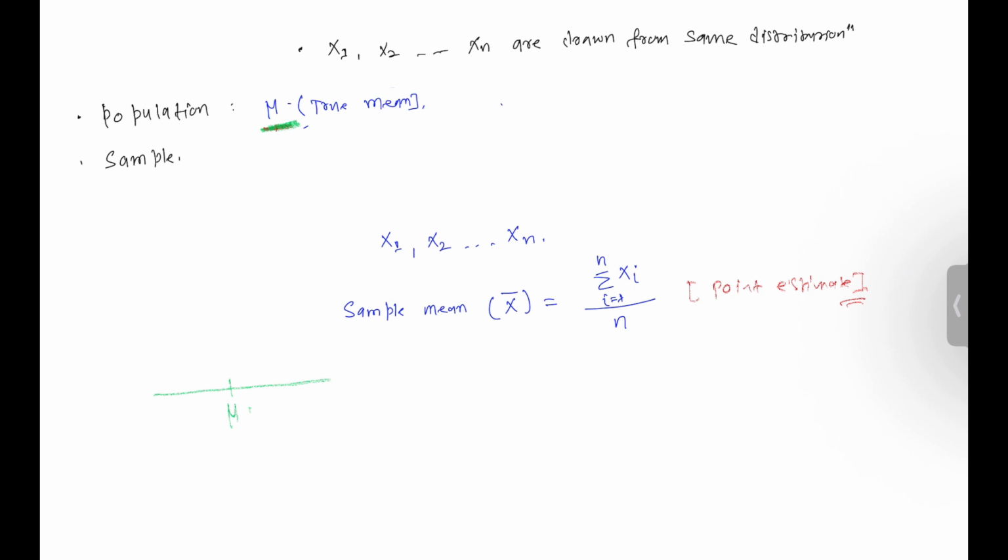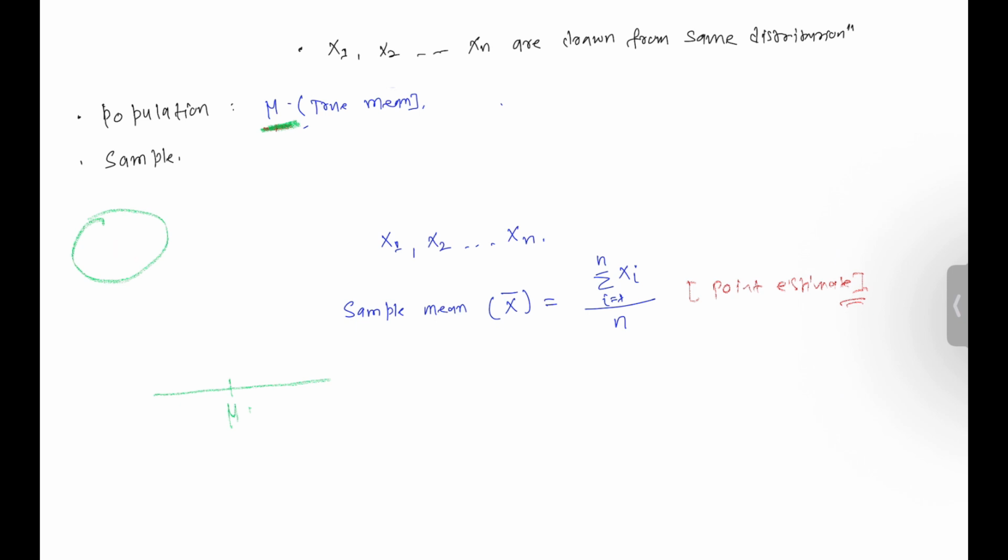Now let me explain what exactly this confidence interval is. To explain the interpretation of the confidence interval, let me first break it down with an example. Let's suppose we have a population, and this population has some underlying distribution that we don't know, right?